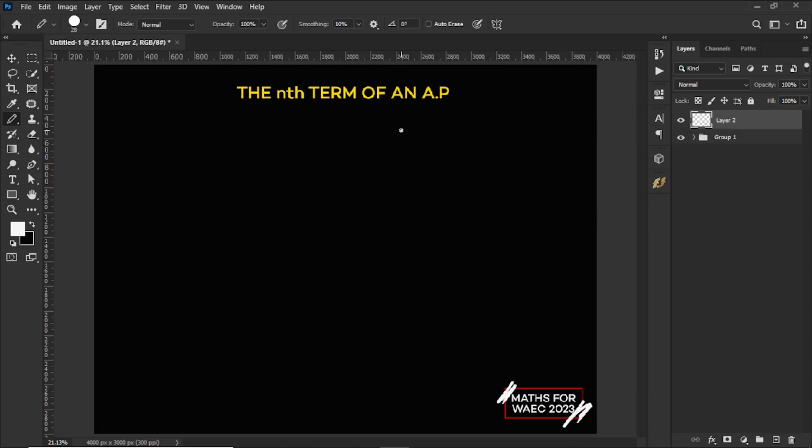Now let's pick one of these sequences, and I think we should be able to use that to generate a formula for the nth term of an AP. Let me use something better.